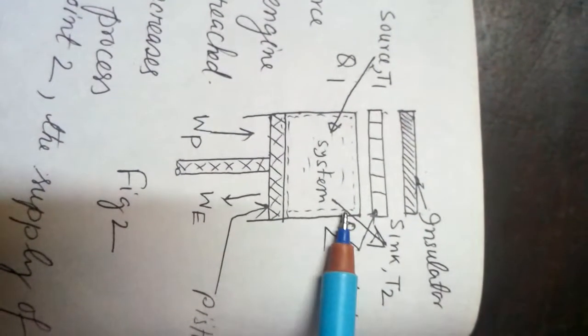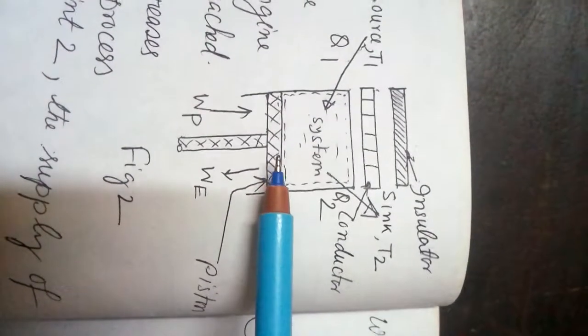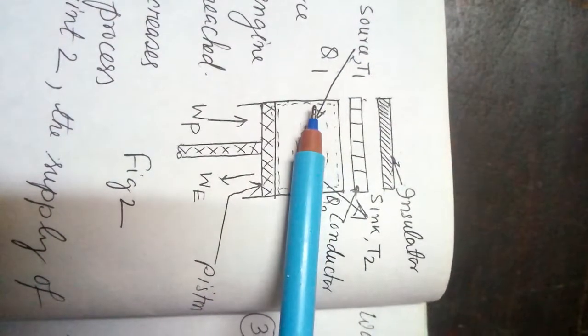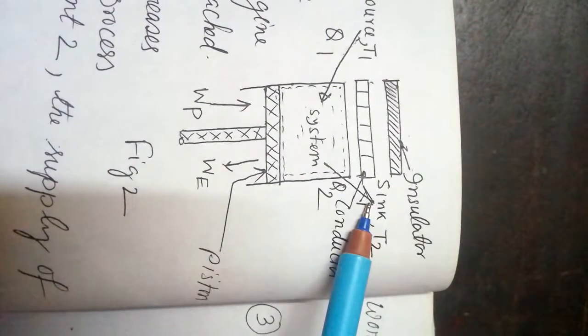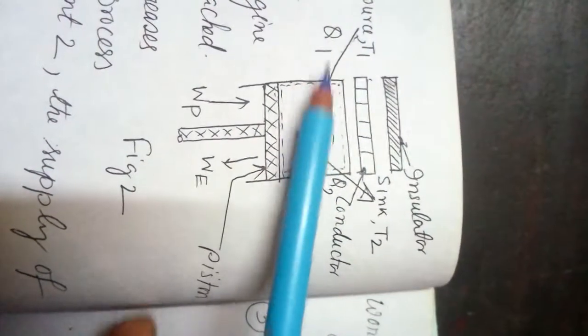Okay. Now I will go to the operation directly. This is the actual arrangement of the cylinder and this is the piston. Now from source heat Q1 is added and to the sink Q2 goes. So effective heat used for this process is Q1 minus Q2.